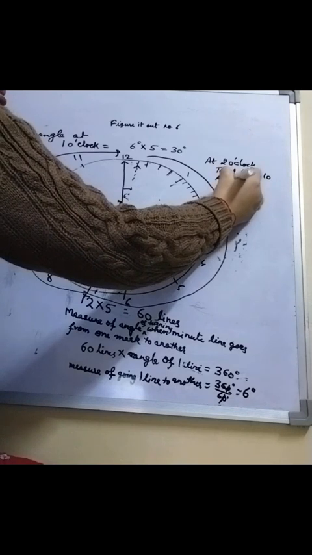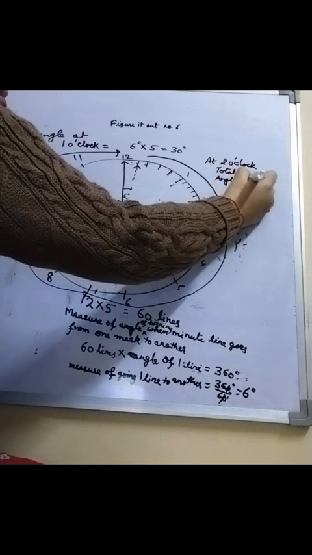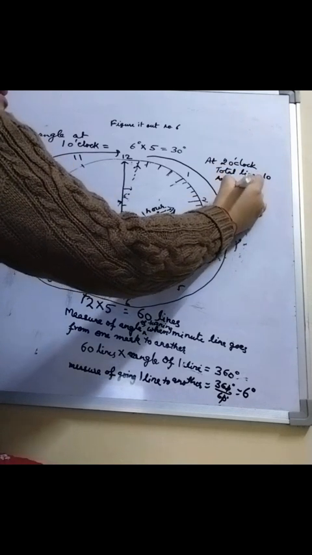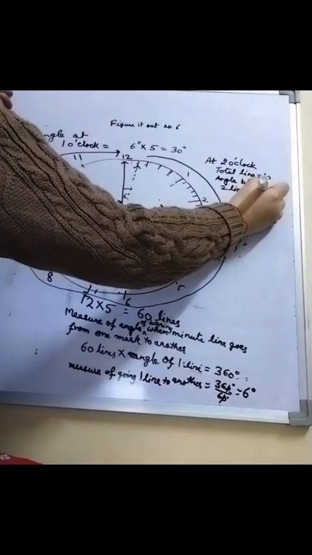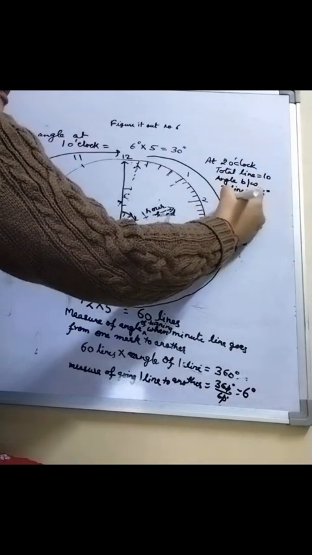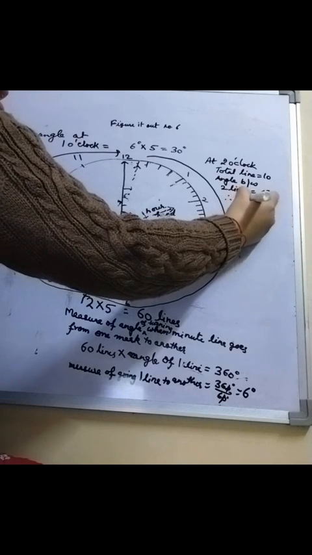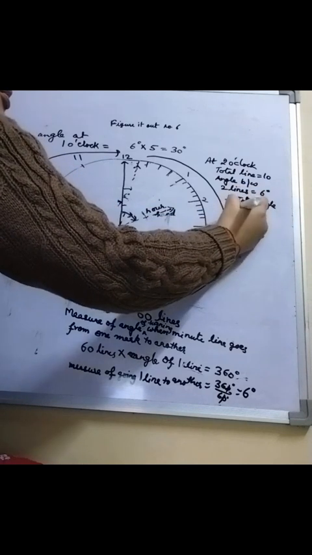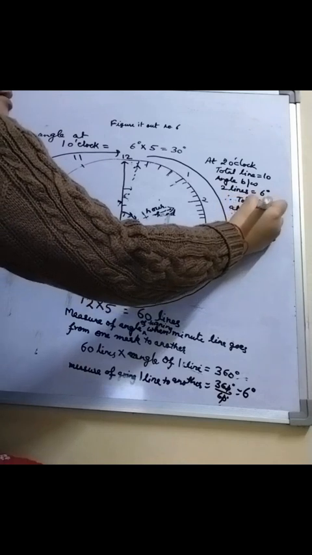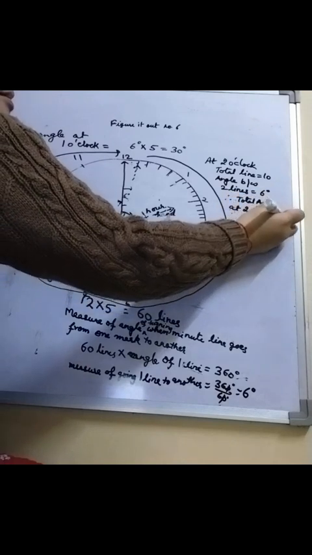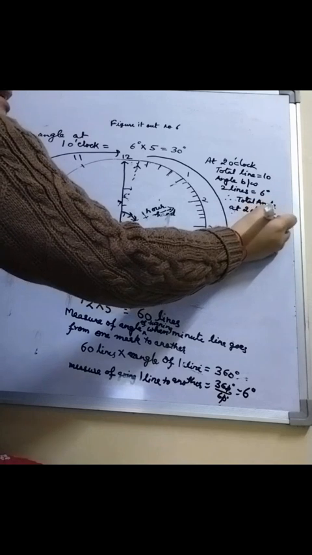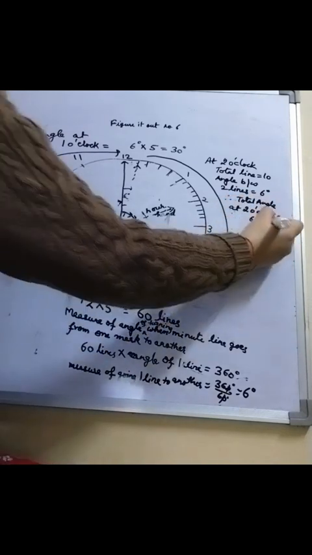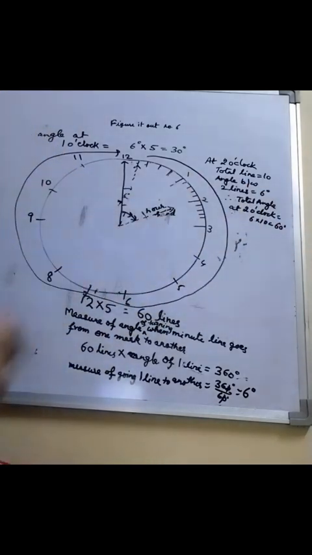The angle between two lines is equal to 6 degrees. Therefore, the angle at 2 o'clock is 6 into 10, that is 60 degrees. So this is 60 degrees.